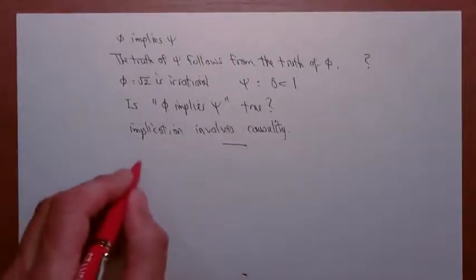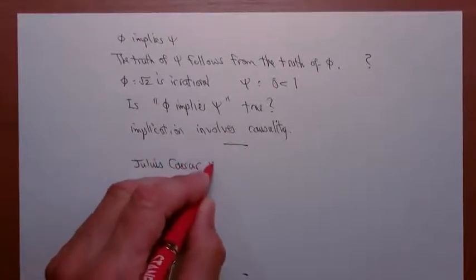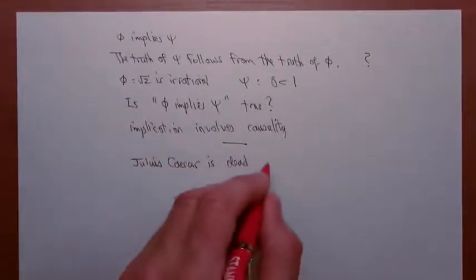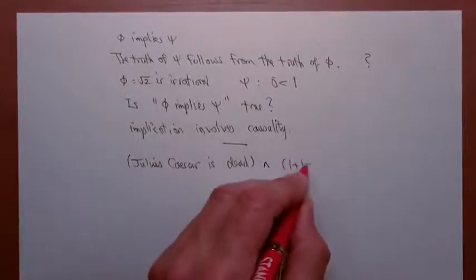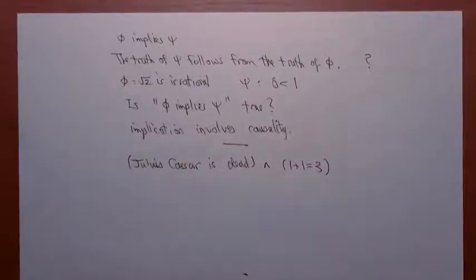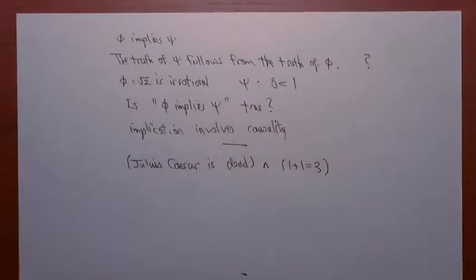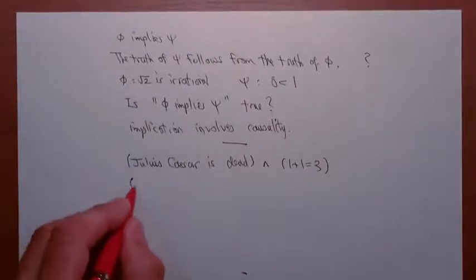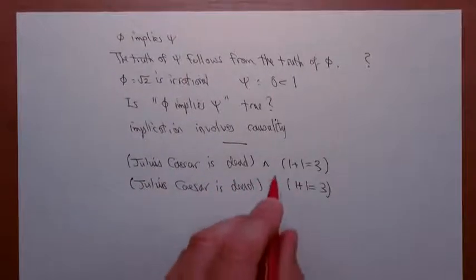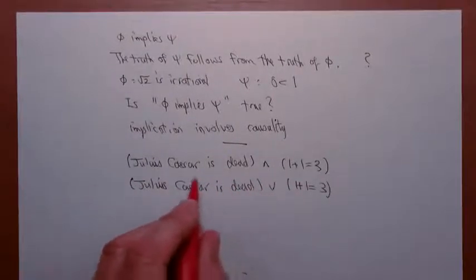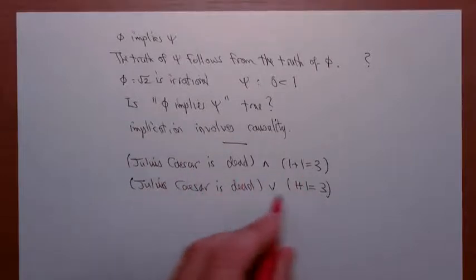For example, let's look at the sentence, Julius Caesar is dead, and let's conjoin it with the sentence 1 + 1 = 3, the mathematical sentence. And let's do the same thing with disjunction. Forming a conjunction and disjunction didn't require any kind of relationship between these two.